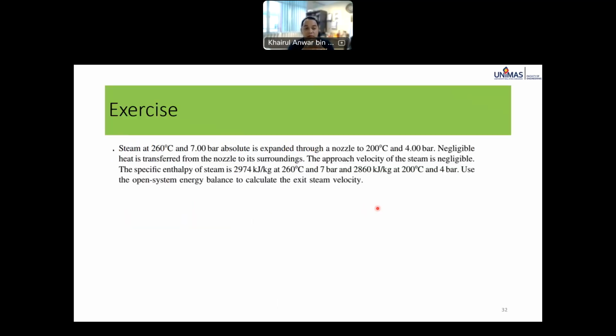Exercise: steam at 260 degrees C and 7 bar is expanded through a nozzle to 200 degrees C and 4 bar. So the inlet is 260 and the outlet is 200.